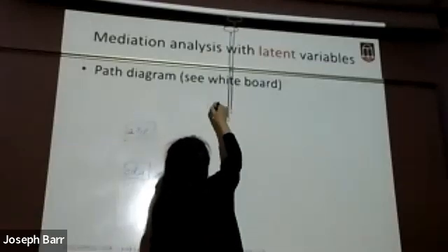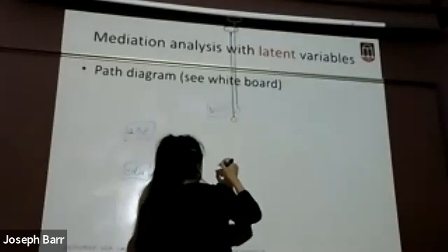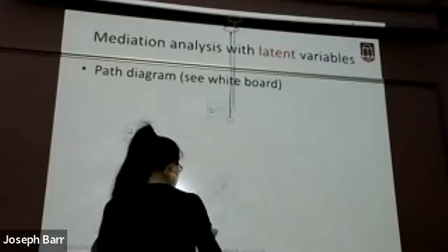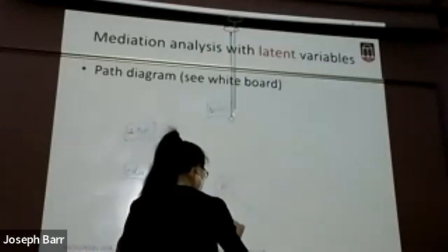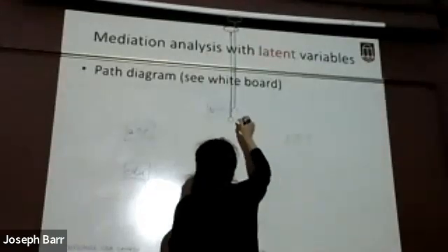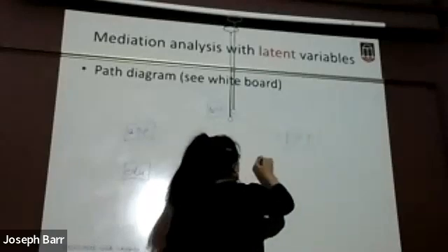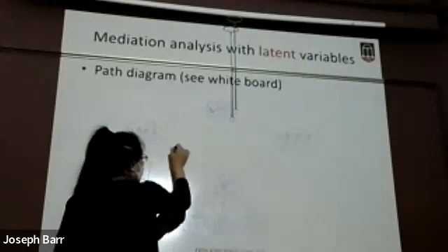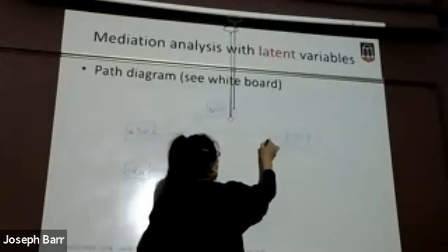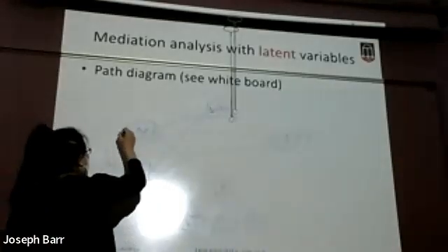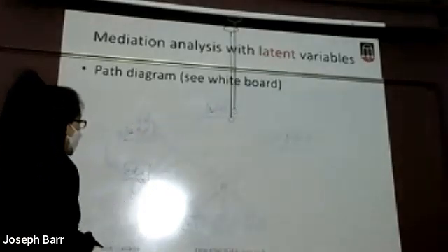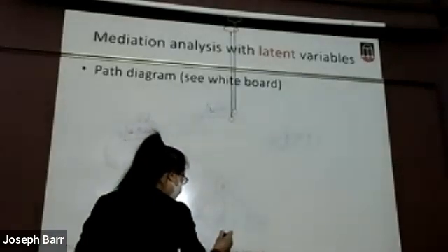We have memory ability, and reasoning ability has three indicators: WS, LS, and LT. We also have the covariance, plus the residual part.